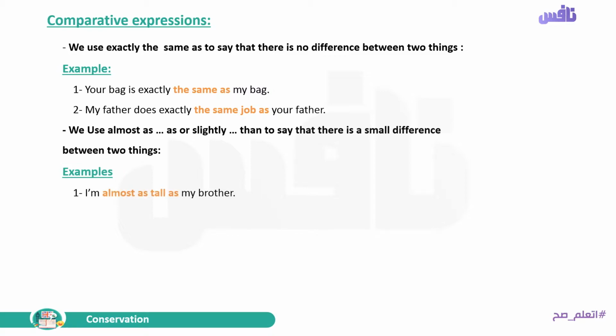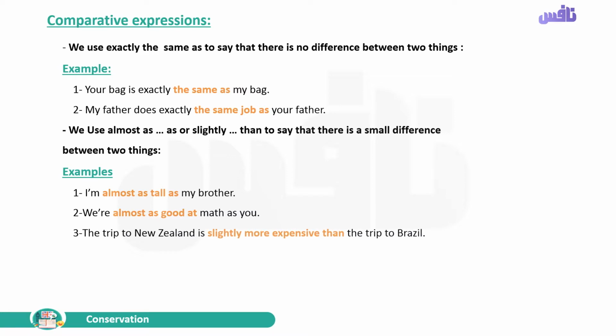I am almost as tall as my brother. Number 2. We are almost as good at math as you. Number 3. The trip to New Zealand is slightly more expensive than the trip to Brazil. This sentence means that there is a small difference between two things.